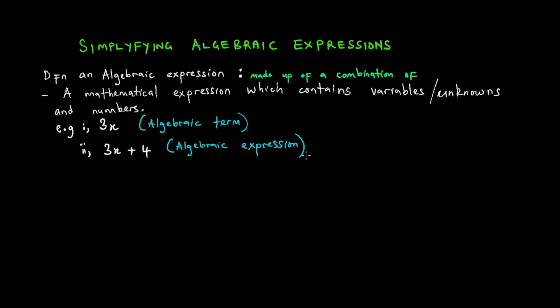Can you explain the difference between an algebraic term and an algebraic expression? If you say yes, I hear you. When we say algebraic term, we are only talking about a combination of a number and a variable, and they are usually multiplying. 3x, 5z, what have you.